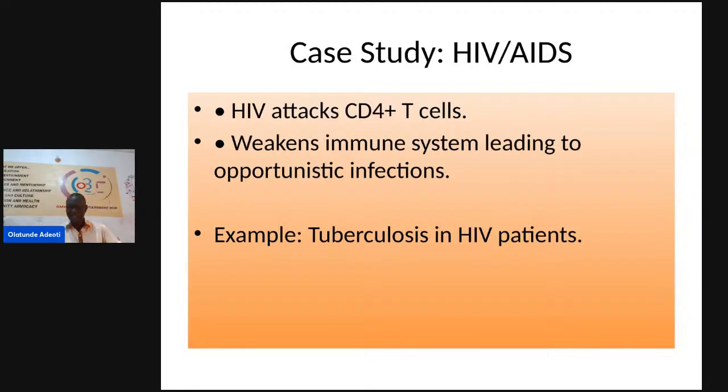There is an increased chance of getting tuberculosis once the person is already under pressure as a result of HIV infection. People with immune deficiency, whose immune system is already weakened, have increased chances of acquiring tuberculosis.